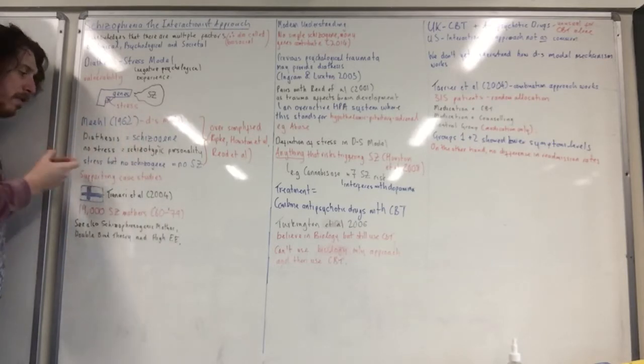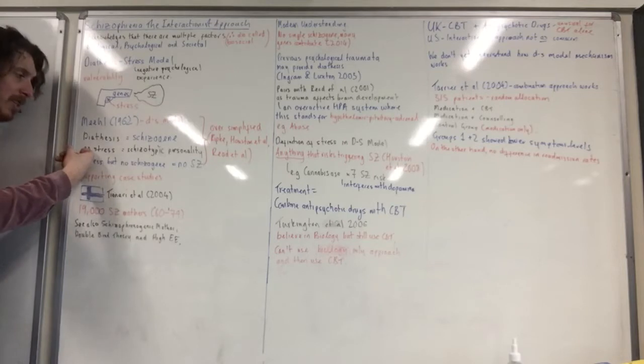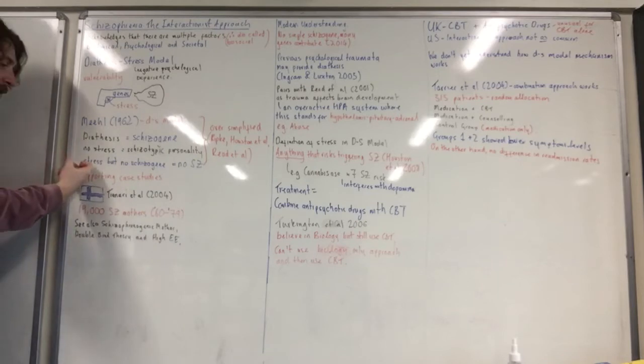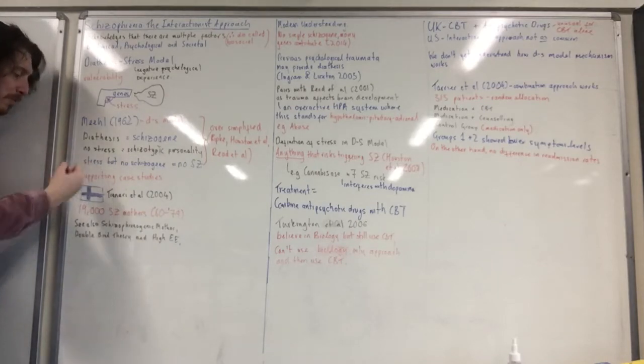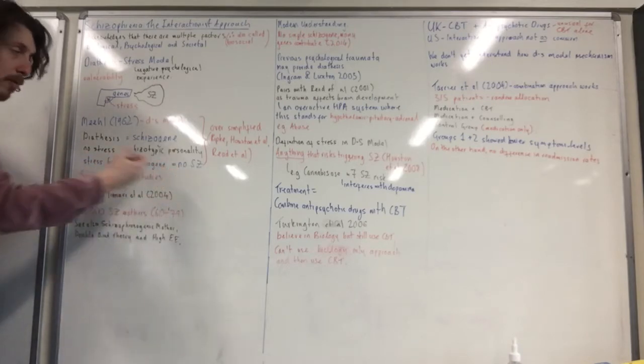Now, if somebody had the schizogene but didn't experience the requisite amount of stress, they would have a schizotypic personality. So not full-blown schizophrenia, but underlying traits. If you don't have the schizogene, according to Meehl, you can throw as much stress as you want at this person, they'll never develop schizophrenia.